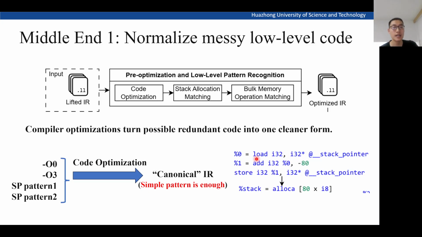For example, here you can use add instructions, you can also use sub instructions, but after optimization, we can just match this single form because other forms will be transformed into this form, and so a simple pattern is already enough. This makes our code cleaner.